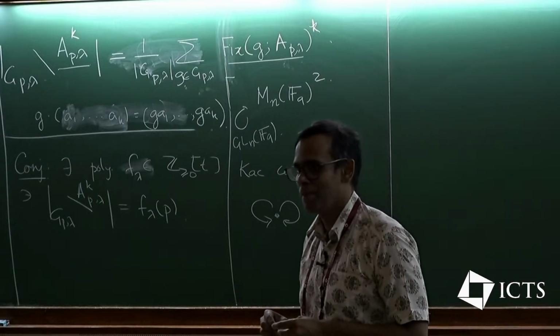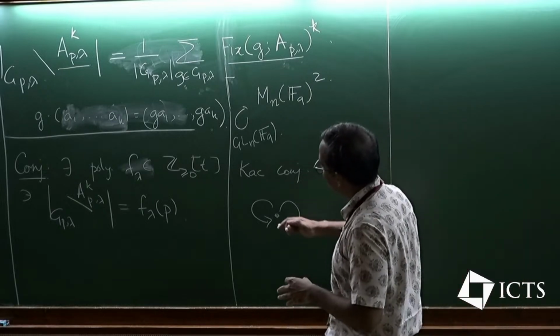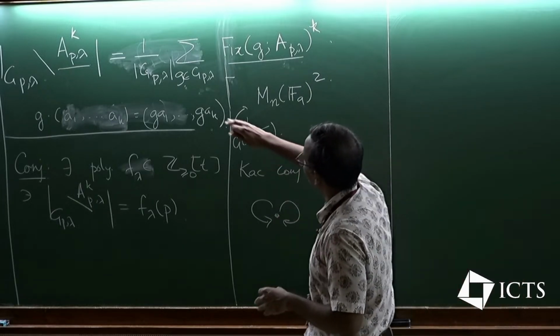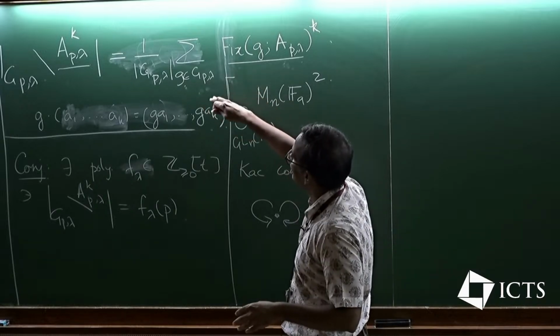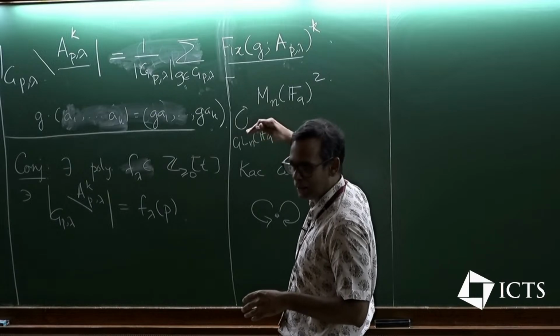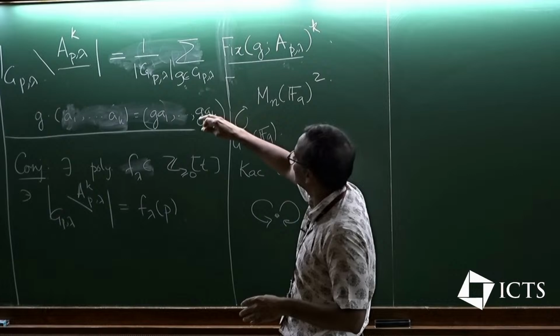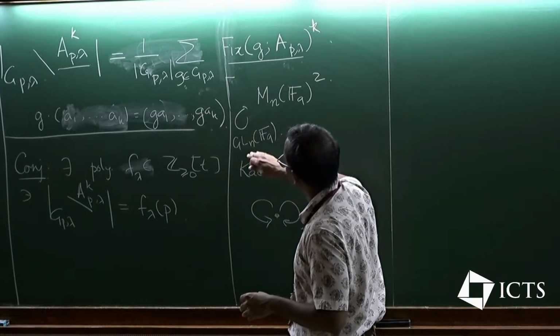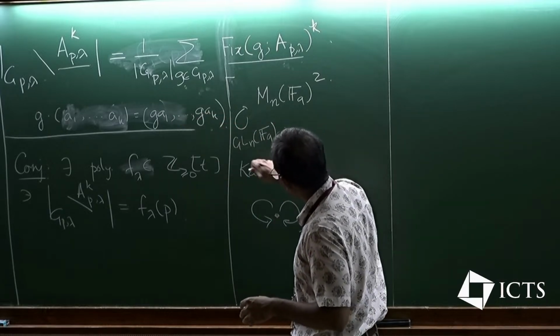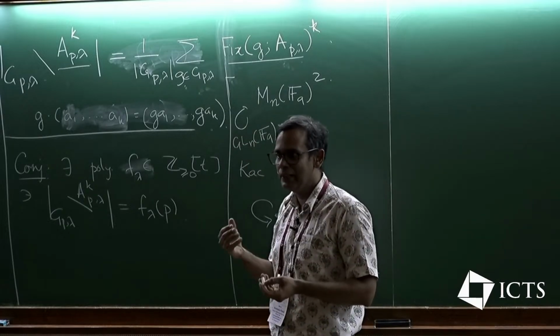And you can't prove Katz's conjecture using this Burnside's lemma technique, but you can certainly compute these things for each n using Burnside's lemma, because we have a pretty good understanding of matrices over GL_n(F_q).